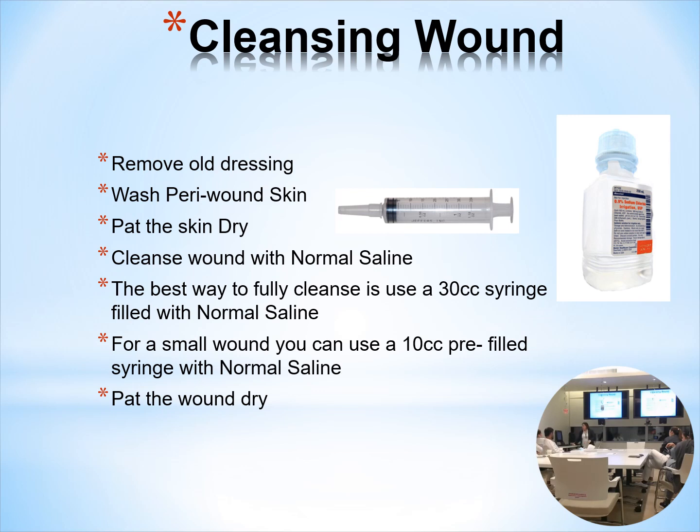The best way to fully cleanse is to use a 30 cc syringe filled with normal saline, just to put pressure on the wound so it will remove all the debris. For a small wound, you can use 10 cc, for a big wound 30 cc. Refill the syringe with normal saline, and then pat the wound dry.